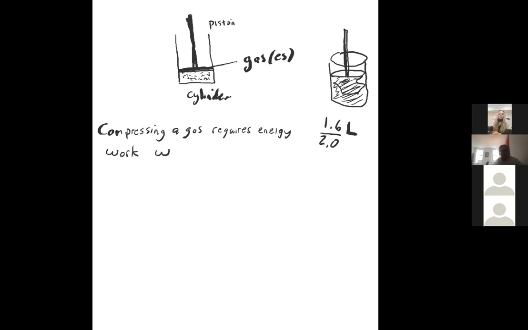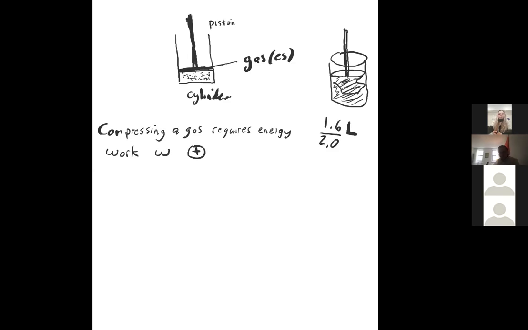And so we have a sign convention for that. If you're adding energy to something, the change in energy is positive. We had our sign convention for heat, and we have a sign convention for work. If you compress a gas, now how do you know you compressed it? The volume got smaller, right? If it got smaller, that's compression.